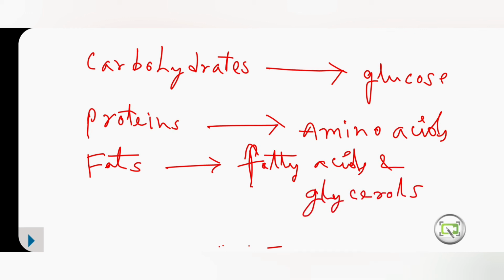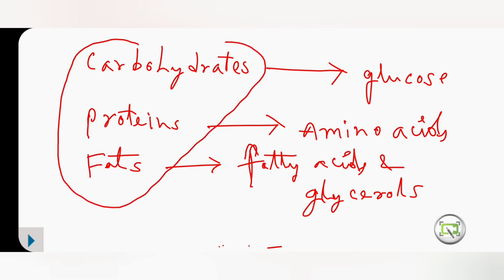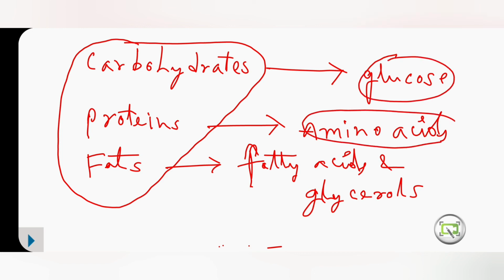So why this conversion has occurred and what is the process of digestion can be defined here. These carbohydrates, proteins and fats are huge molecules which cannot be absorbed into blood vessels and cannot be circulated through blood capillaries. So these complex food molecules are converted into simple food molecules such as glucose, amino acids, fatty acids and glycerols.